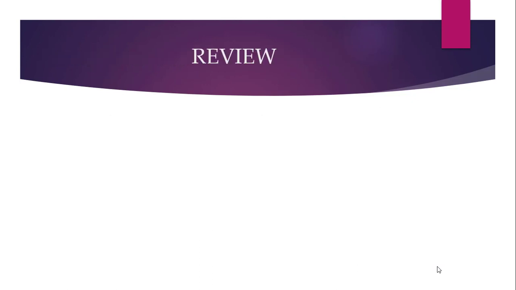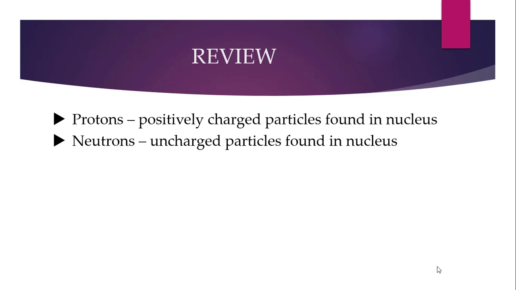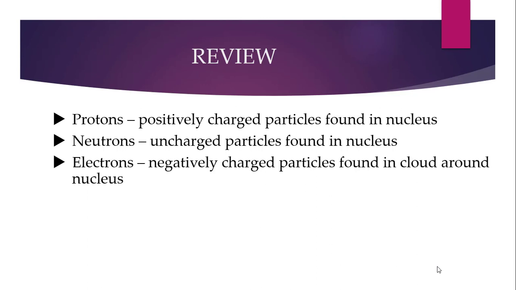So to review, once again, a topic that you've reviewed multiple times in your careers, protons are positively charged particles found in the nucleus. Neutrons are uncharged particles found in the nucleus. Electrons are negatively charged particles not in the nucleus. Protons and neutrons are called nucleons.